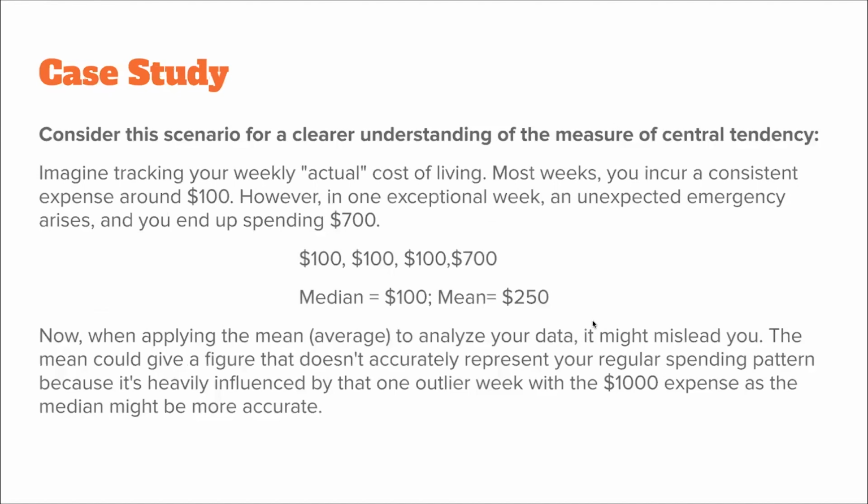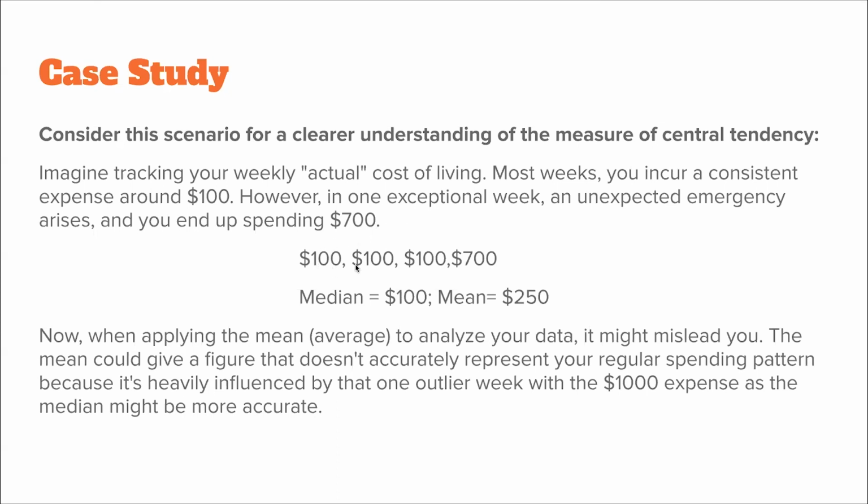So let's look at a case study: how do you apply this in your everyday life? Imagine you track your weekly cost of living. Most weeks you incur a consistent expense of around $100. However, in one exceptional week, an unexpected emergency arises and you end up spending $700.